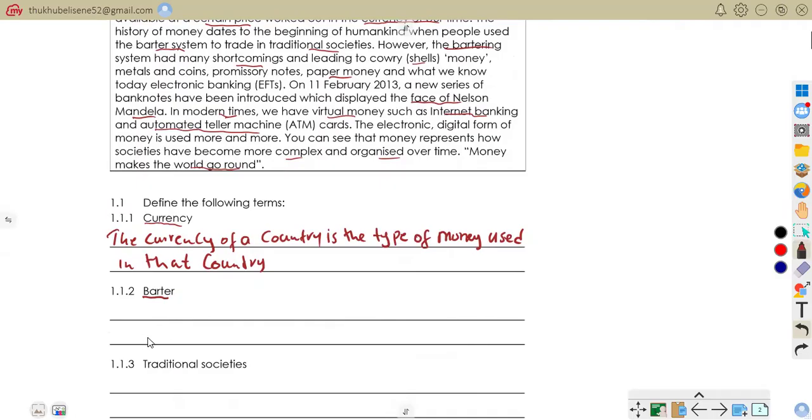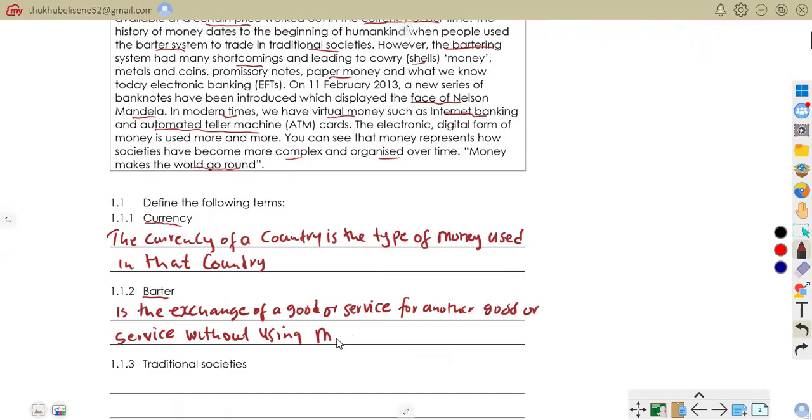A bartering is the exchange of goods or services for another good or service without using money.